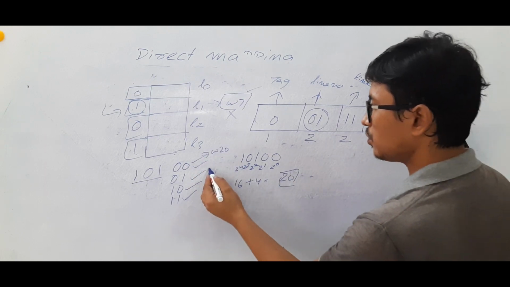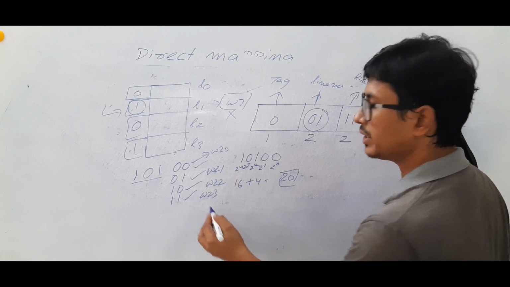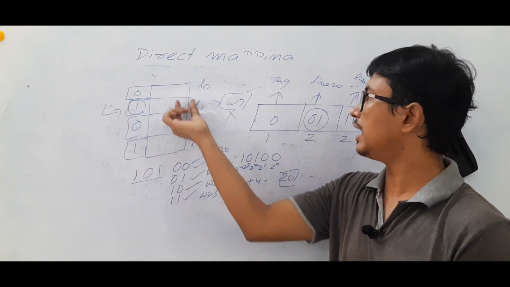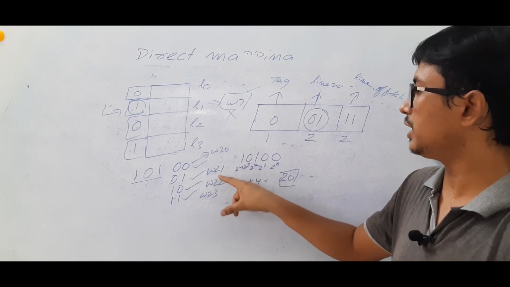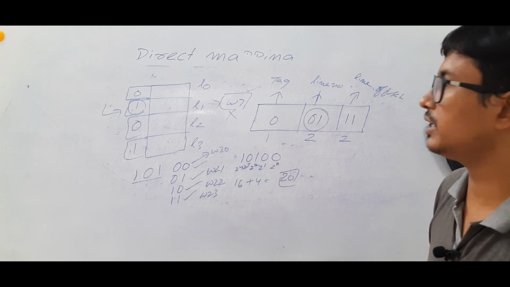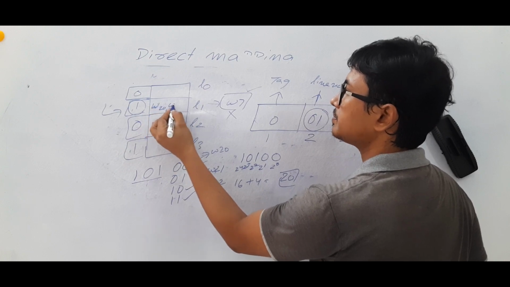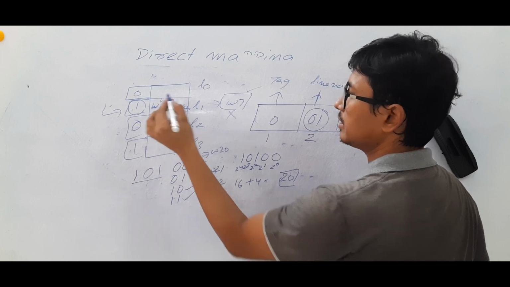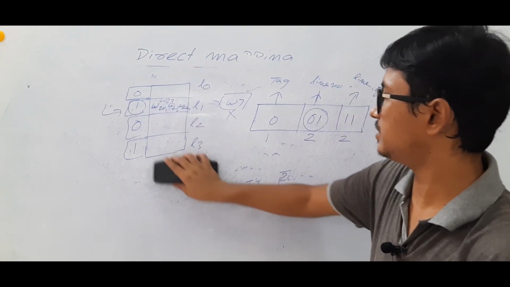Then this is word number 21, this is word number 22, word number 23. So if your tag bit is 1 and the line number is 0, 1, then word number 20, word number 21, 22 and 23 are currently in this line. Okay, now if you still have a doubt, let me discuss another example.